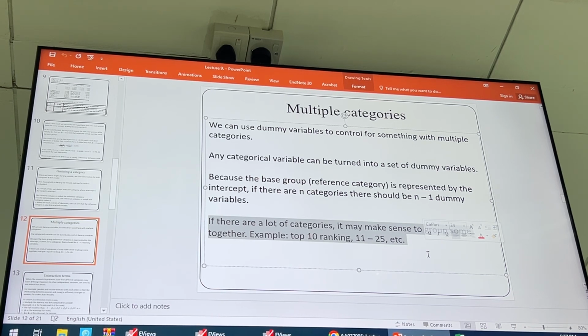If you have too many variables, then you have low degrees of freedom, which will make your estimates less reliable. So do not include too many variables, especially if they represent different categories. If you have many categories, try to regroup. Instead of 100 categories, reduce it to, for example, 4 or 5 categories only, and then create the variables.